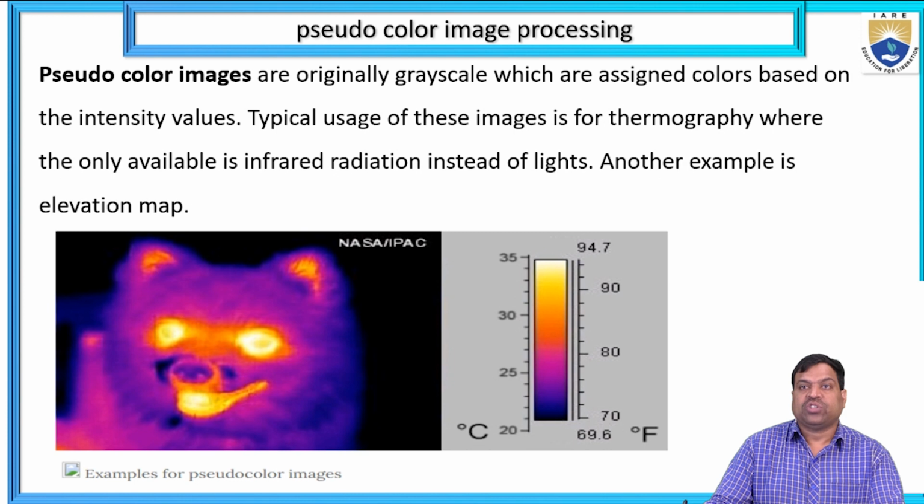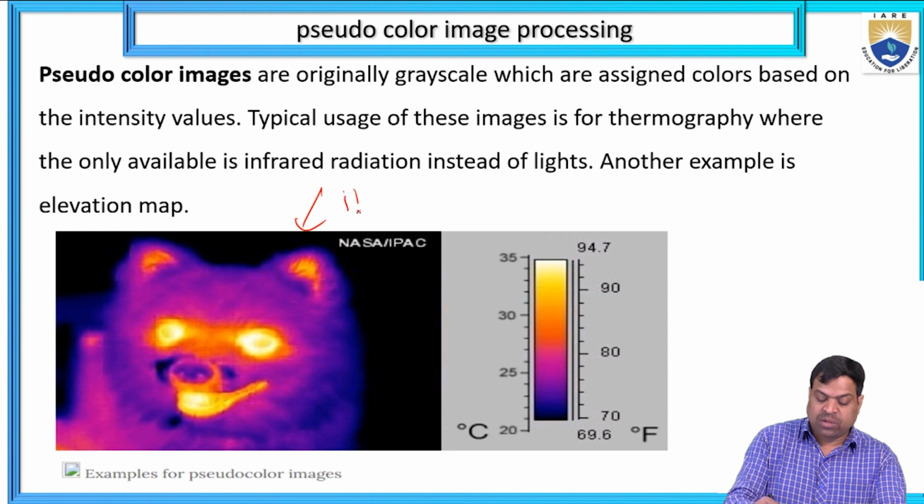Pseudo color images are originally grayscale images which are assigned colors based on intensity values. Typical usage of these images is for thermography, where the only available signal is infrared radiation instead of light. Another example is an elevation map.